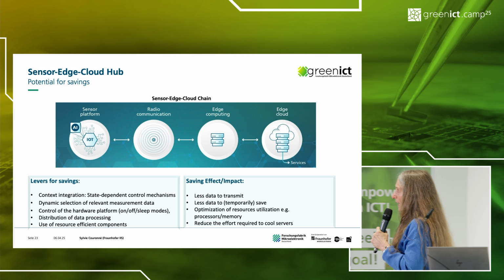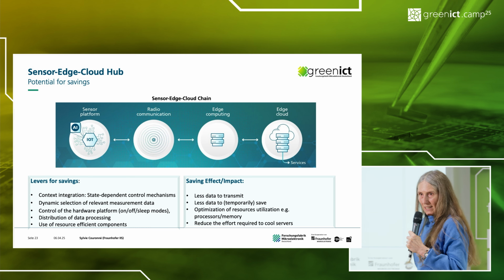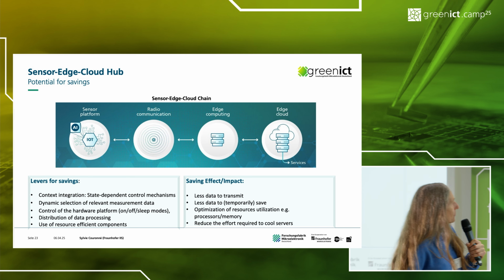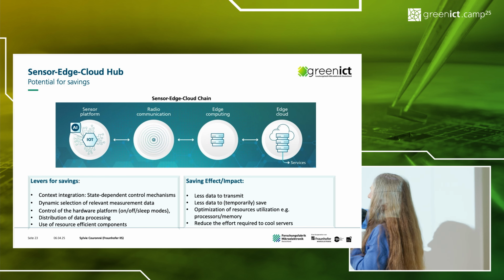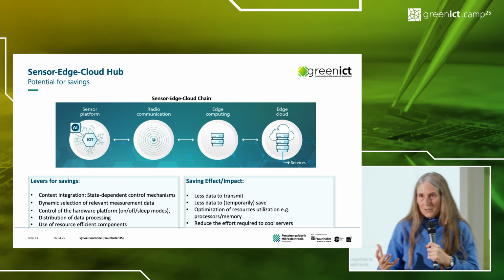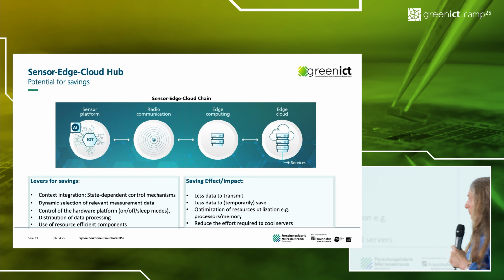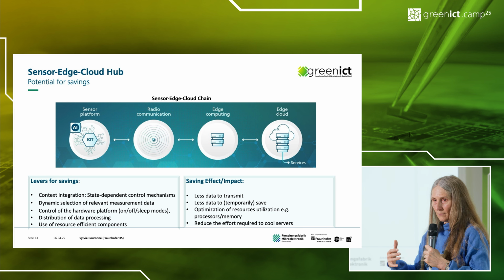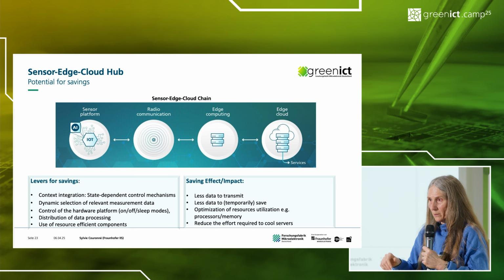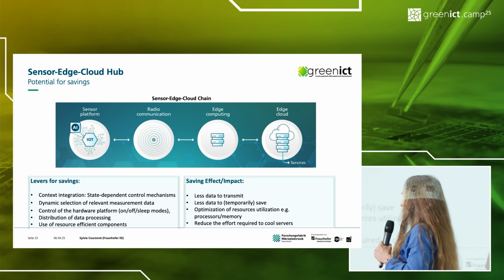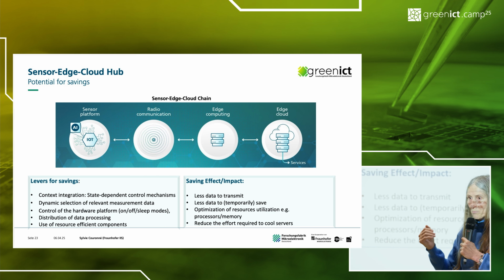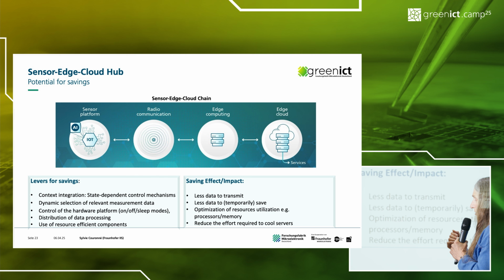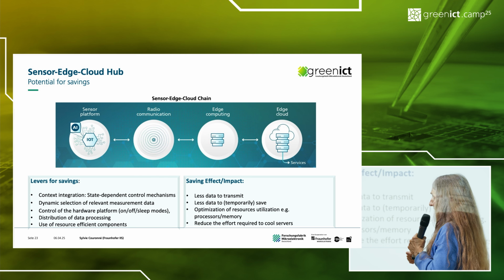So now, where is the potential? I have to take care because I can speak a lot. What are the levers for savings? Context smart, making them smart. Context integration, making state-dependent control mechanisms.